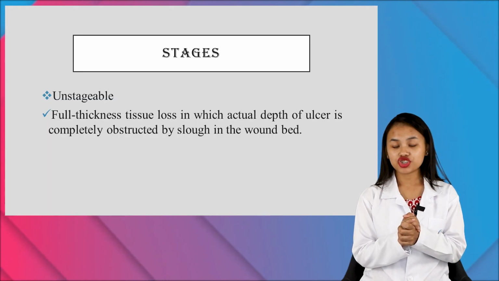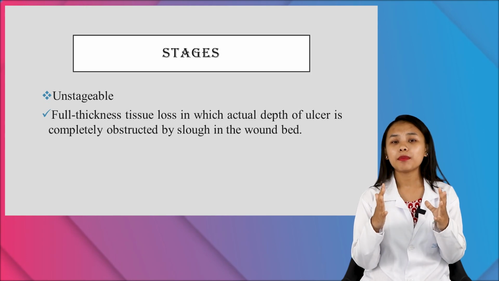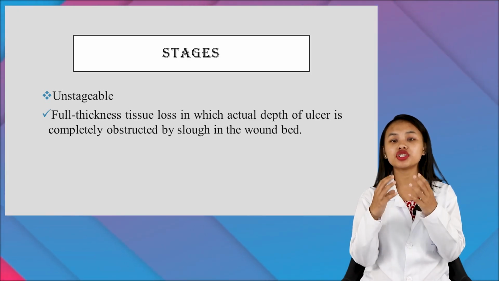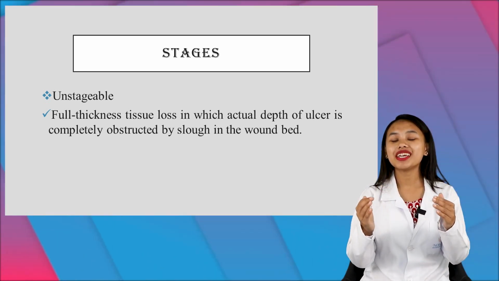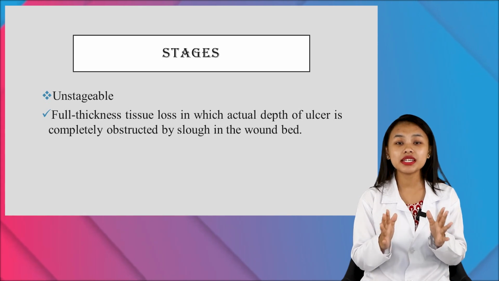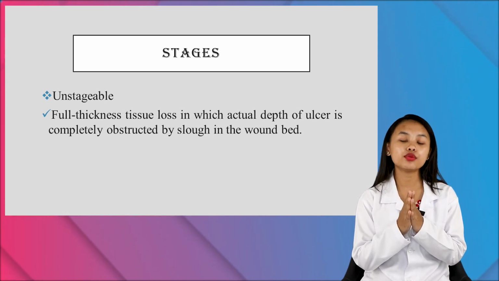And the last stage is known as the unstageable. So here what happens is that there will be a full thickness tissue loss in which the actual depth of the ulcer is completely obstructed by slough in the wound bed.